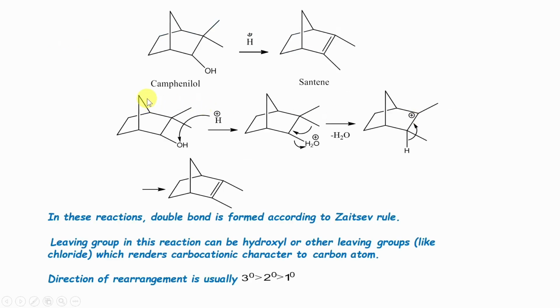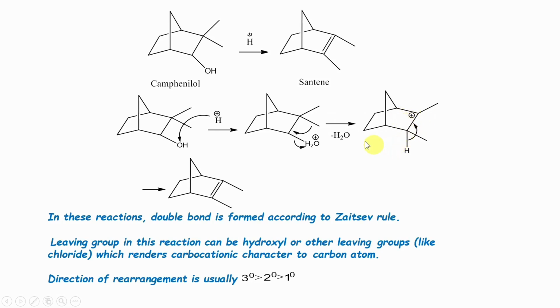Another important example of Wagner-Meerwein rearrangement is the conversion of camphenilol to santene, which involves Wagner-Meerwein rearrangement. For example, camphenilol, on treating with the acid, protonation takes place to form this protonated alcohol. It eliminates a molecule of water, forming this carbocation, a tertiary carbocation.